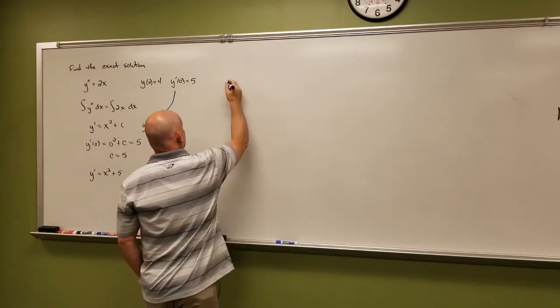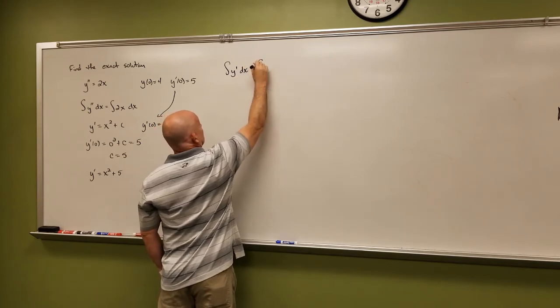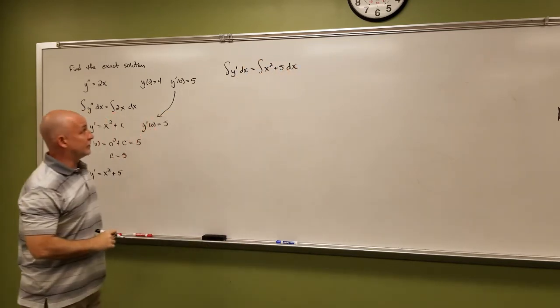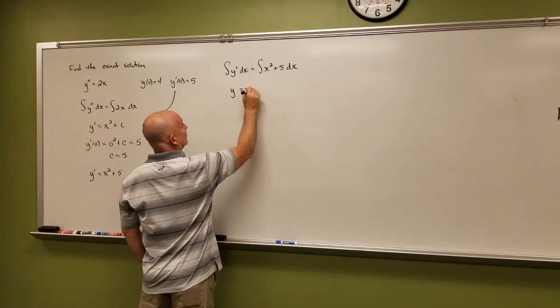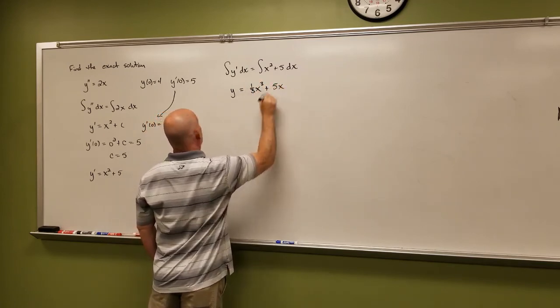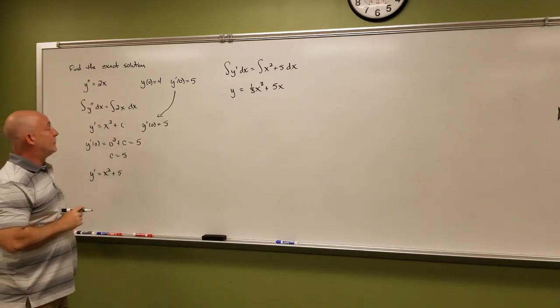All right, so I'm just going to move it up here. So if we integrate y prime, again, just kind of being lazy with this notation, we'll get to more precise notation in the next lecture. If you integrate the derivative, of course, you're just going to get y is equal to 1/3 x cubed plus 5x. Well, we know something about this function.